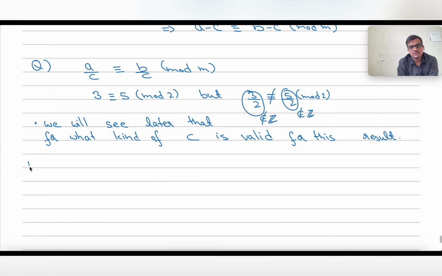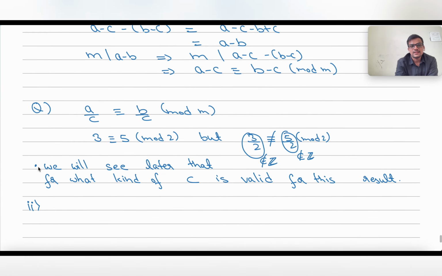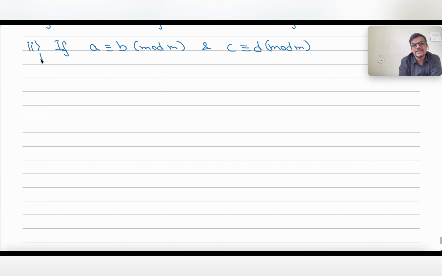Let's move to the next property, that is property number 2. Here we had one congruence modulo, and then we added one constant and multiplied, divided and subtracted. We talked about that. Now suppose we have two congruences modulo M. Suppose A is congruent to B modulo M and C is congruent to D modulo M. Then what can you say about A plus C and B plus D?